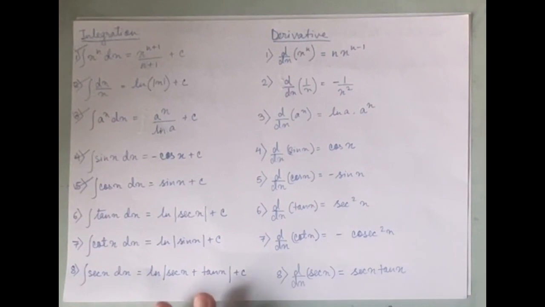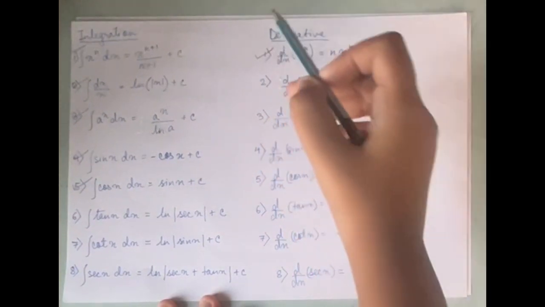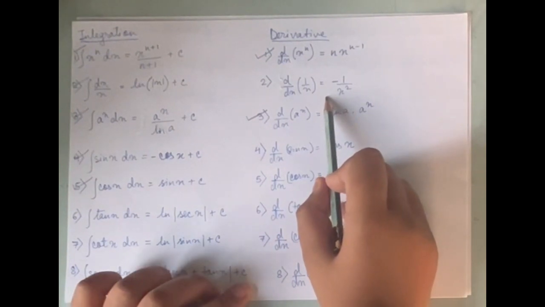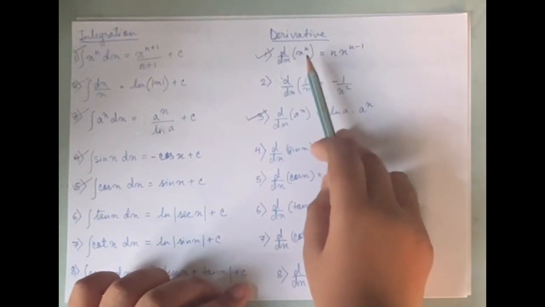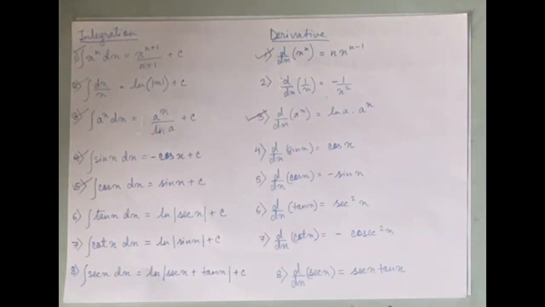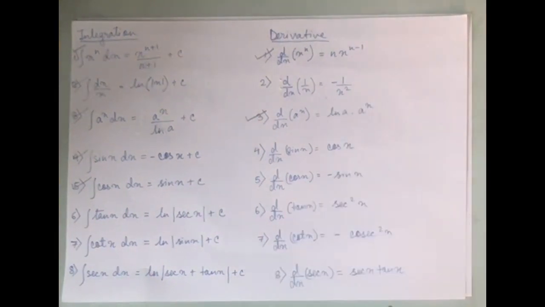In derivative, the important ones are these. This is not important because it is the same as the previous one, where n is equal to minus 1. When n is equal to minus 1, the derivative comes to be minus 1 times x to the power minus 2, and since it's x to the power minus 2, it will come to the denominator as x square.